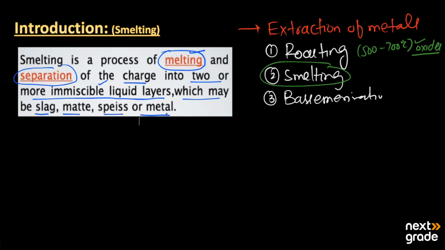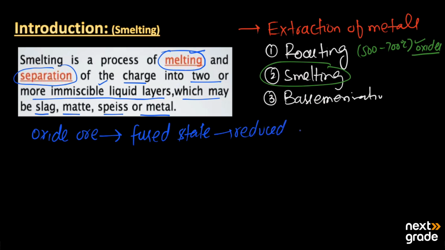So in the process of melting, the oxide ore which is present in the fused state is reduced, using different types of reducing agents, and these reducing agents may include coke.